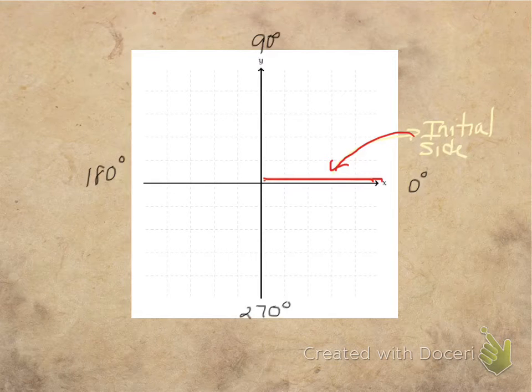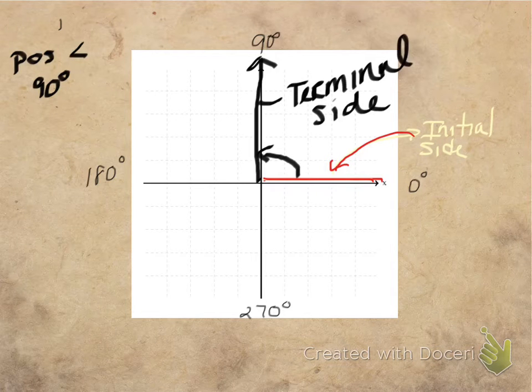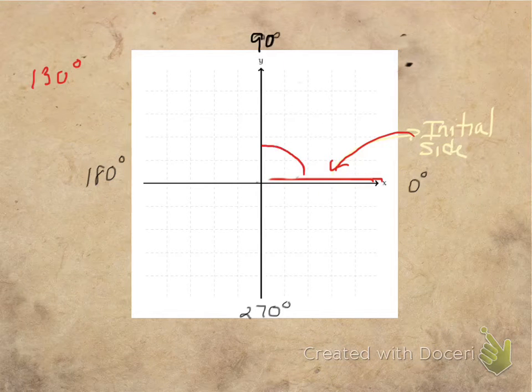So I'm putting in the others, and let's see, if I wanted to draw a positive angle of 90 degrees, I would start at the initial side and go counterclockwise to 90 degrees and draw my arrow indicating that's the angle we're talking about. 130, well, that's 90.